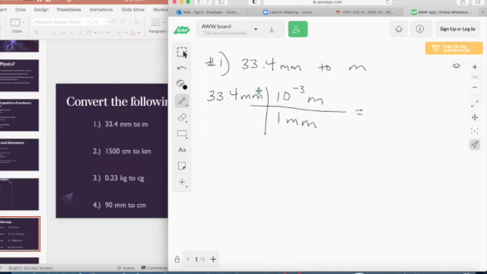You can type that in your calculator, or you can just move it 3 decimal places to your left. If it's a negative exponent, you move your decimal to the left. If it was a positive exponent, you would move your decimal to the right. Whichever method you want to do, just pick whatever speaks to you. After you type that into your calculator, when you do it long ways, you would end up with 0.0334 meters, because the millimeters in the numerator and the millimeters in the denominator cancel out.